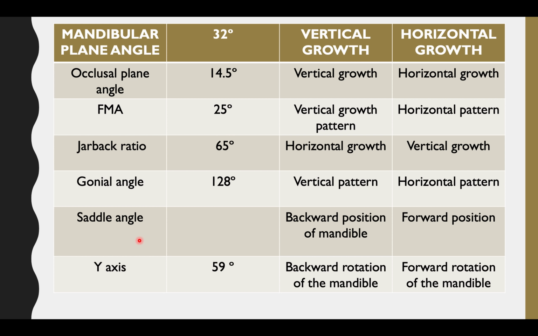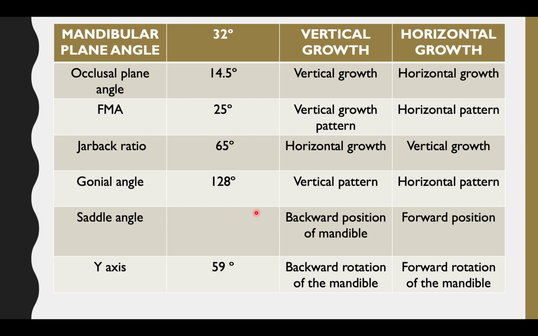If the saddle angle is very high, that means the mandible is already positioned very backward. We cannot bring the mandible forward if the saddle angle is very high, because in proportion to the cranial base it is positioned backward. So the use of functional appliances is not sufficient in cases with a high saddle angle.